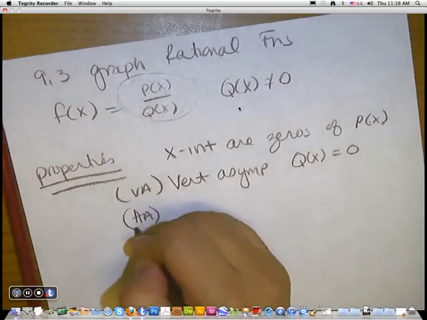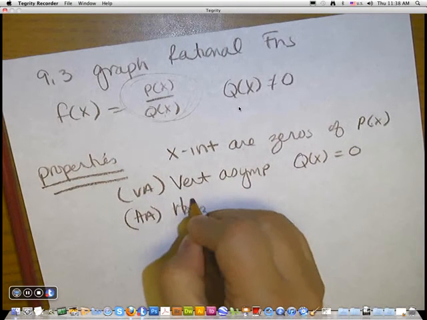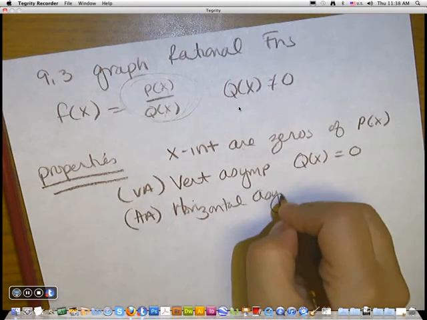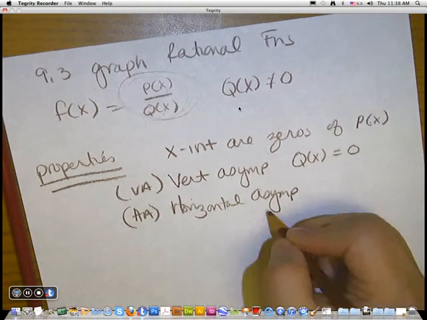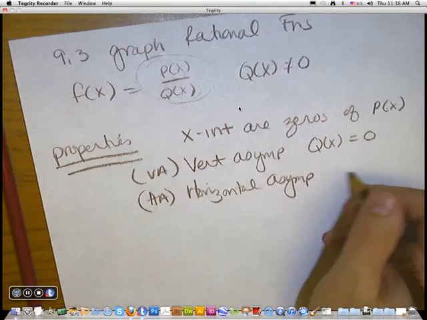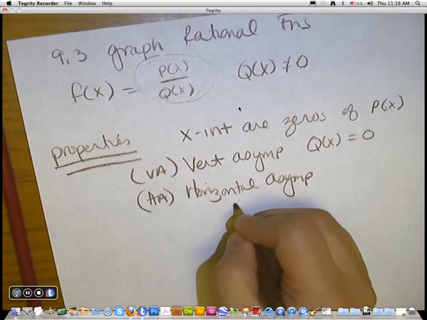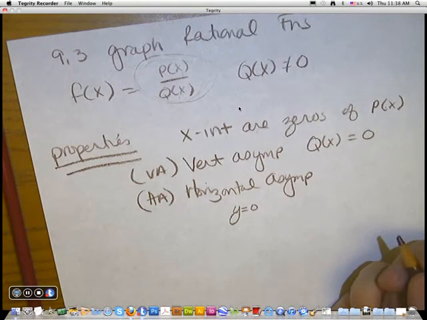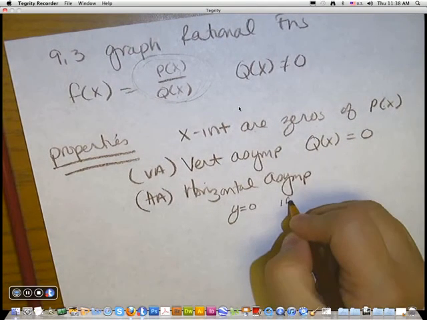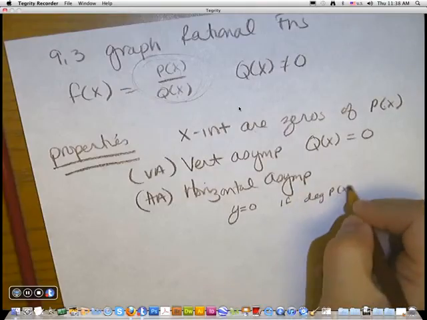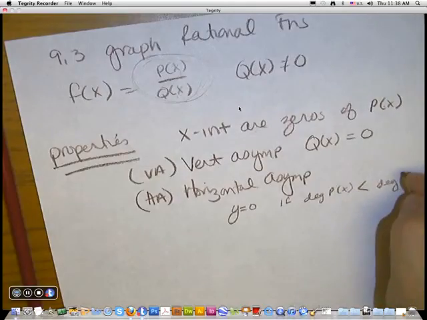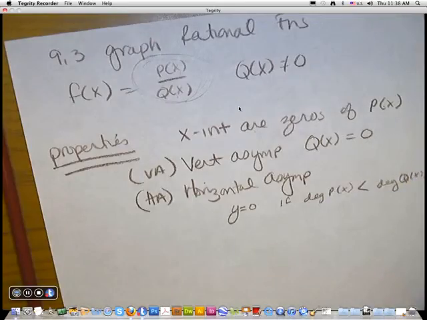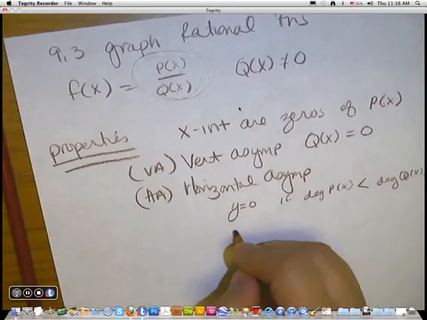The horizontal asymptotes, this is going to vary. There's 3 options here. The horizontal asymptote can be 0, y equals 0, if the degree of the numerator is less than the degree of the denominator. And degree is the exponent, the largest exponent.